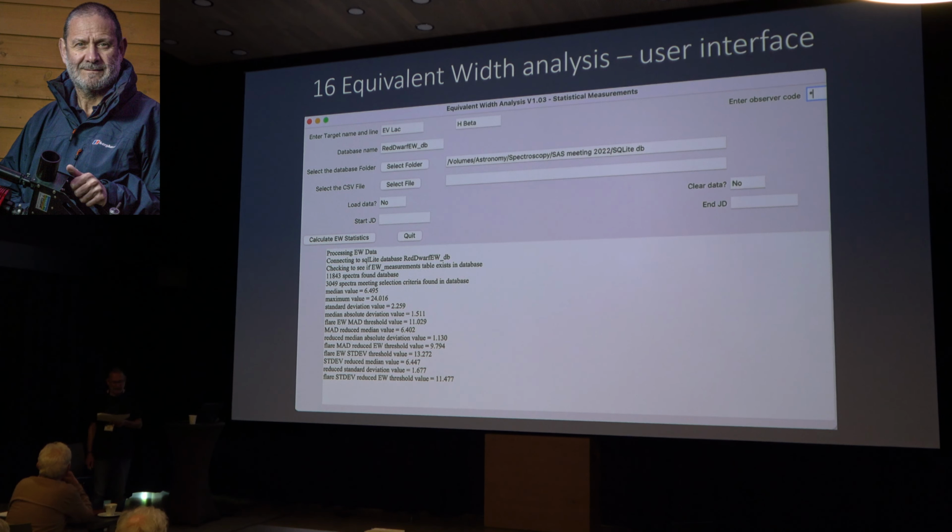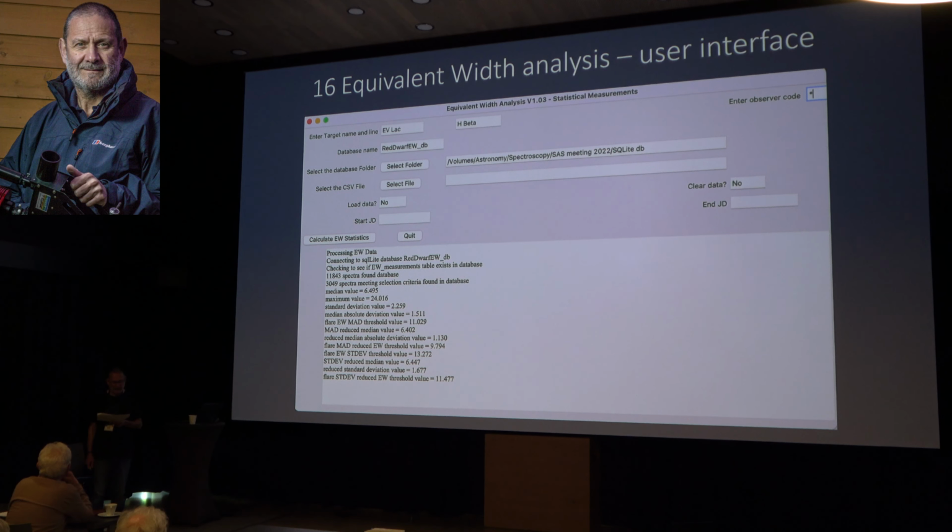So here is our first product from the database, a plot of equivalent width against modified Julian date for EV Lac that includes all the team's observations for this season or a previous season.